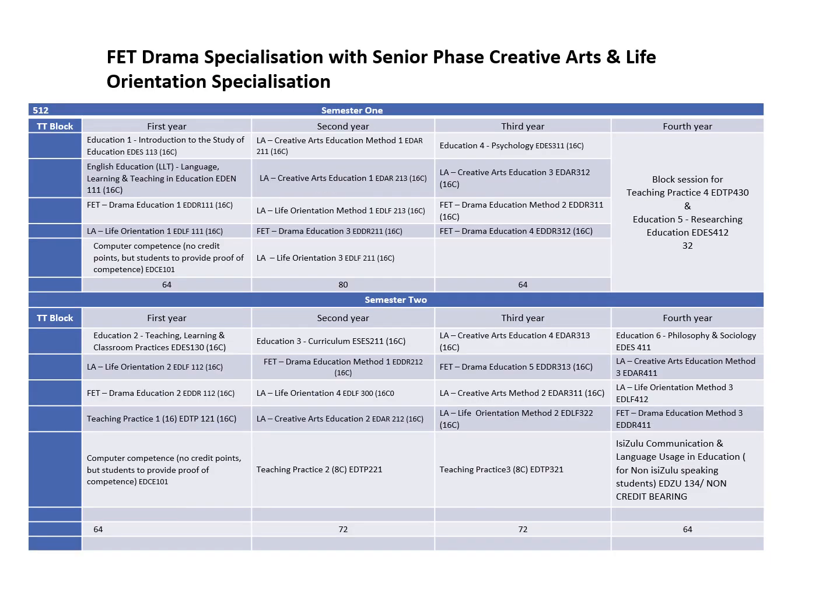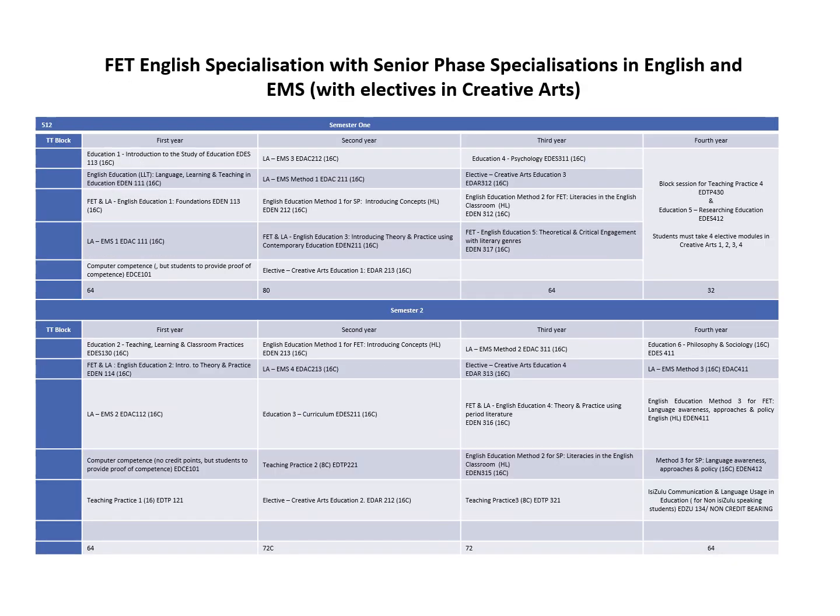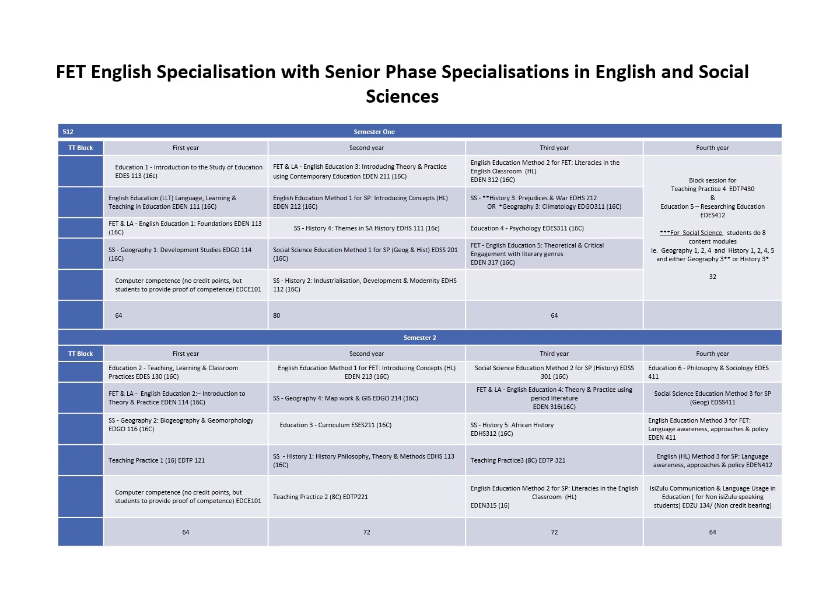This slide focuses on the drama package with creative arts and life orientation. This slide focuses on the English package with FET English, Senior Phase English, and EMS. This slide focuses on the English Social Sciences package.